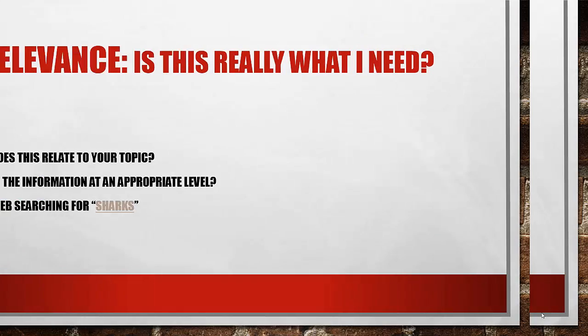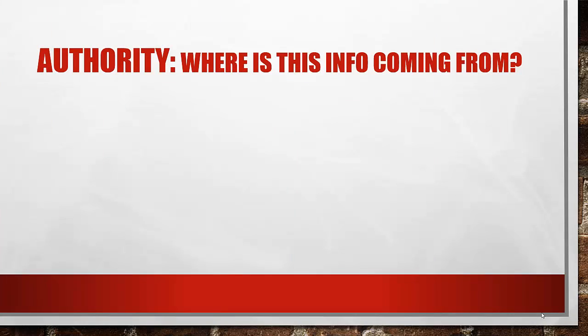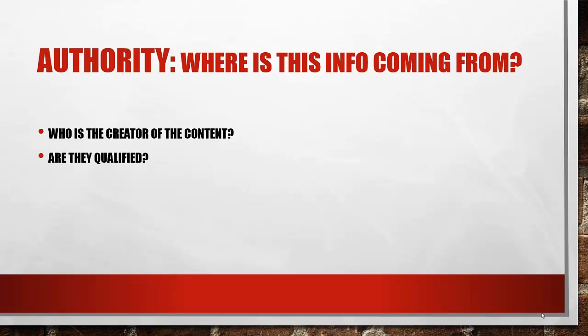The next step is authority, and that's where you're asking yourself where the information is coming from. What you want to know as you're looking at a resource is who created it. You have to be asking yourself, are they trustworthy? Do they know what they're talking about? Are they qualified?